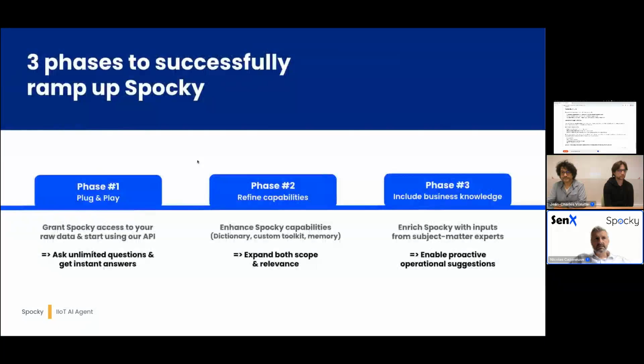Last thing maybe is on how to implement Spocky. Our goal is really to focus on the time to value to make it very, very fast. So we have 3 phases. The first phase is really plug and play. The goal being to just give Spocky access to the raw data and then use the API to ask the questions and get answers the way you saw it.